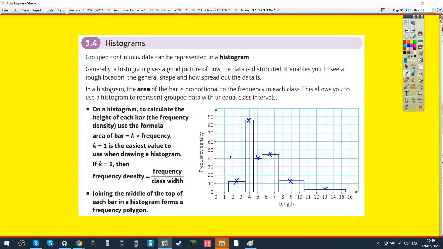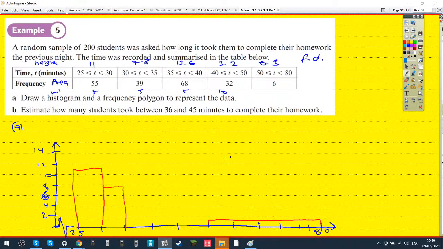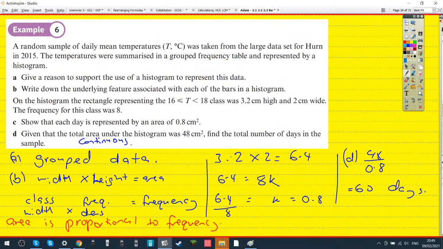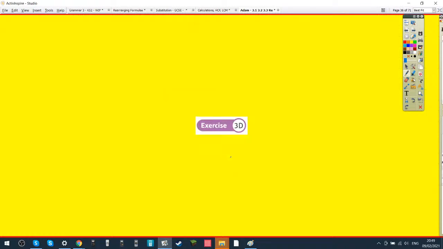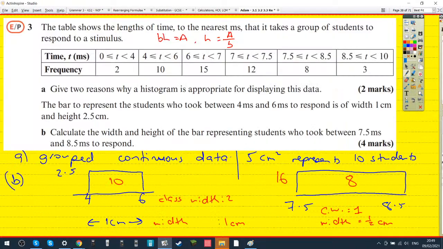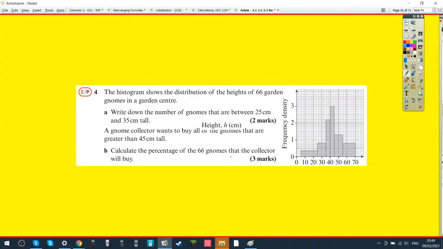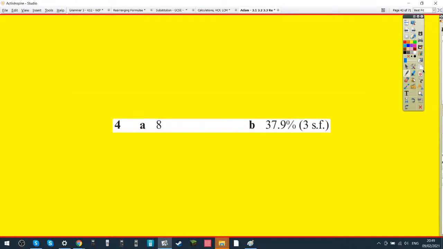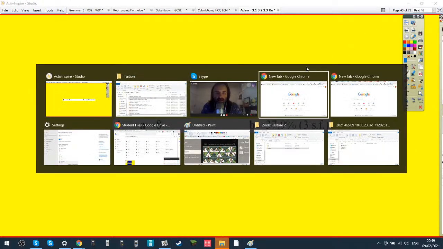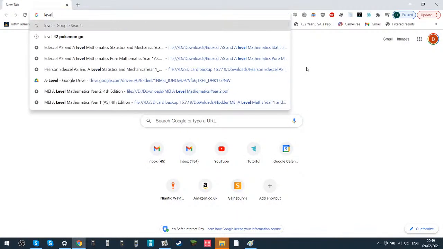Let's see. So histograms are the tricky one. We can practice more histograms, or we can just move on. Do you have any preference? Do you reckon we could practice them after we finish doing all the topics, then go back to the hard ones? Yeah, that's what I was going to do anyway. So I'll go for chapter 4 then.